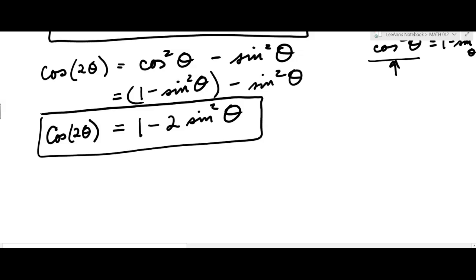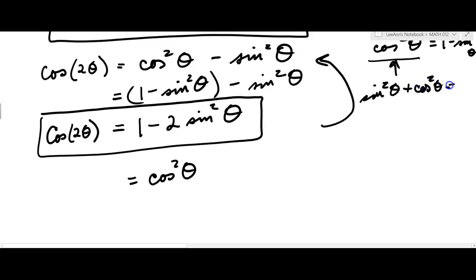So you might say, well, why didn't you replace the sine squared? You could do that as well. So going back up to this one here, if I replaced the sine squared theta, think about your sine squared theta plus cosine squared theta equaling 1. If I'm solving for sine squared, I'd have sine squared theta equals 1 minus cosine squared theta. And so then if I replace the sine squared, it would be minus 1 minus cosine squared theta.